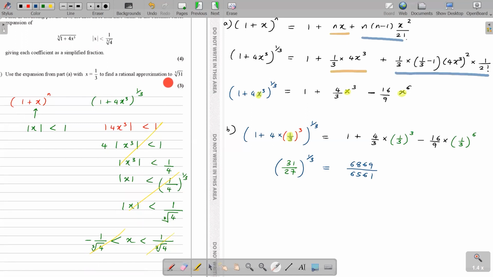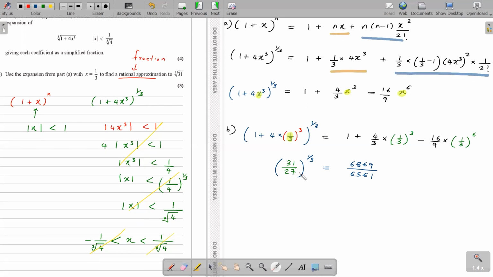By the way, rational approximation does not mean decimal answers. It means it must be a fraction answer. It should not be decimals, so do not convert to decimals at any point.